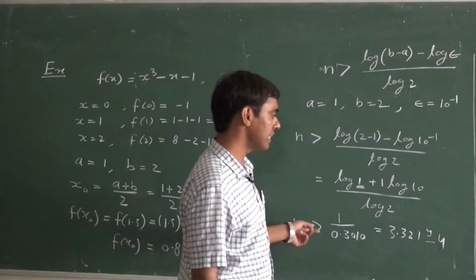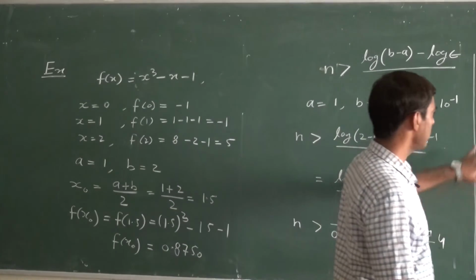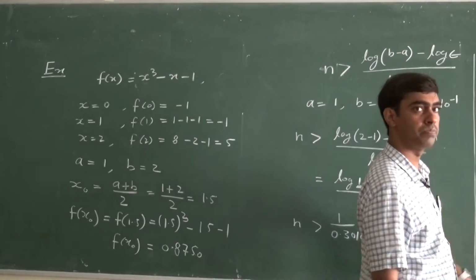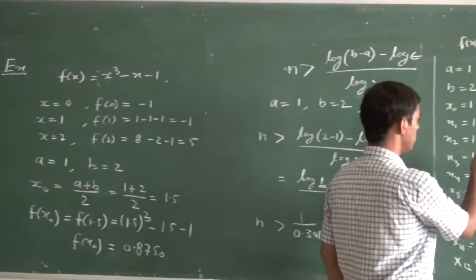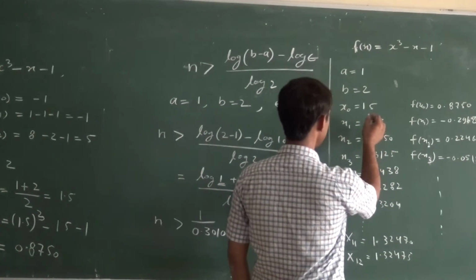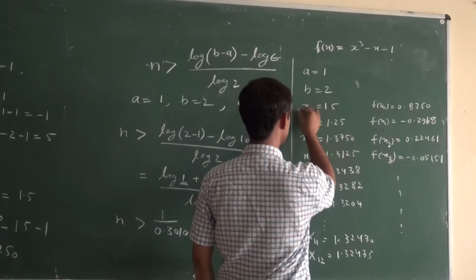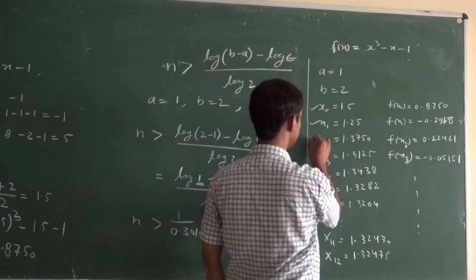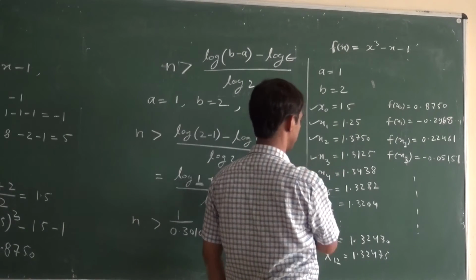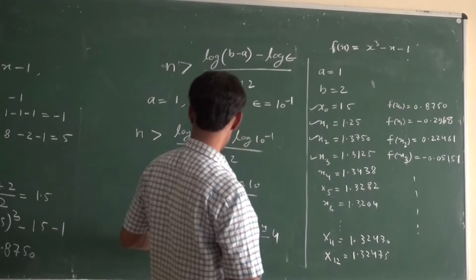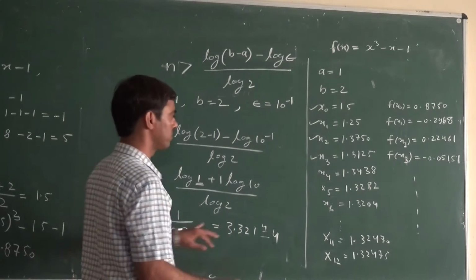Then n must be greater or equal to 4. If we closely observe the solution, this is the first iteration, this is the second iteration, this is the third iteration, this is the fourth iteration. So n must be greater or equal to 4.